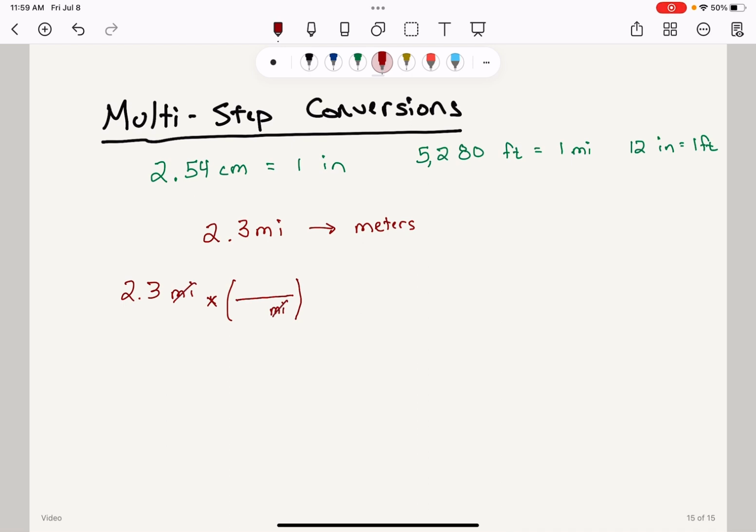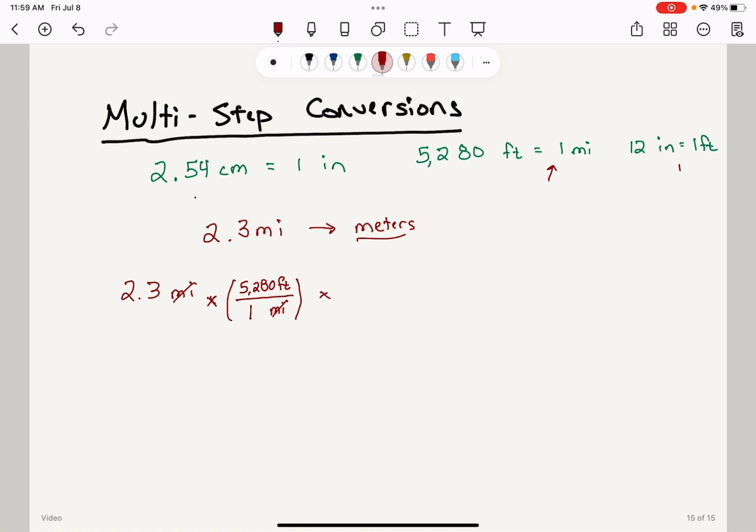So now I'm looking up here in the green equations and I'm looking for miles somewhere. There it is right there. And so, therefore, I know that 1 goes with the miles, and then I go 5,280 feet on top. But notice that is still not meters, it's in feet.